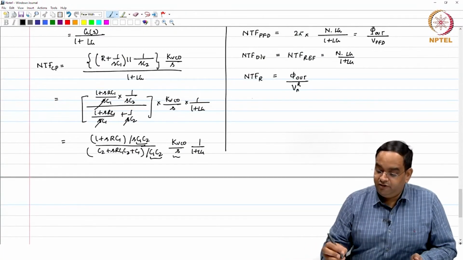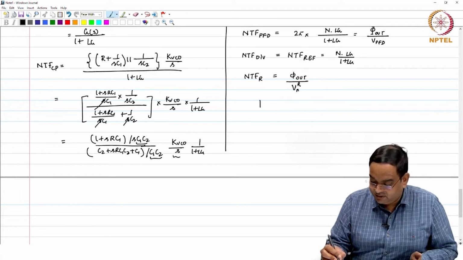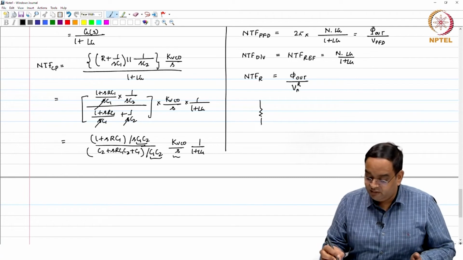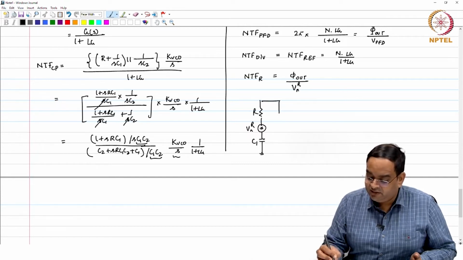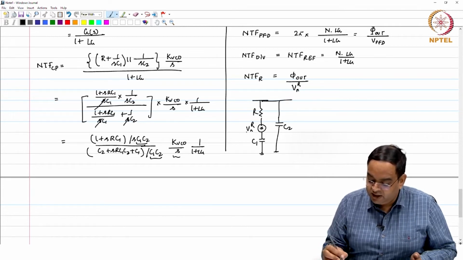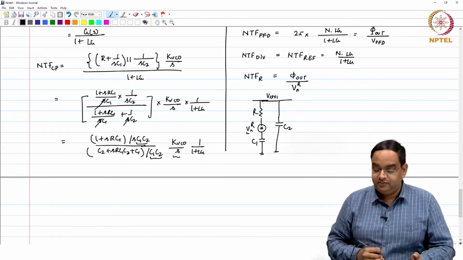Okay. Now, if you look at this resistance, this is a little cumbersome in the calculation. So you have VNR here, which is C1, then R, and then C2. So what we do here is find out how VNR is first changing the control voltage.